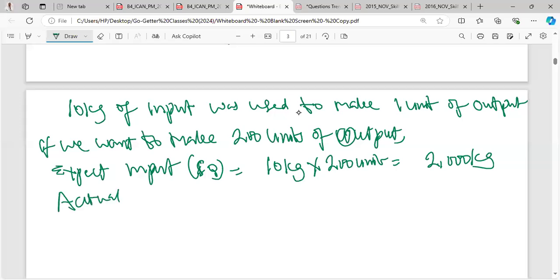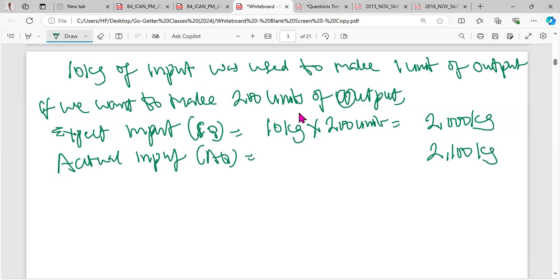Actual input, which is the actual quantity, is 2100 kg. So the actual is bigger than the expected. So variance is already 100 adverse.